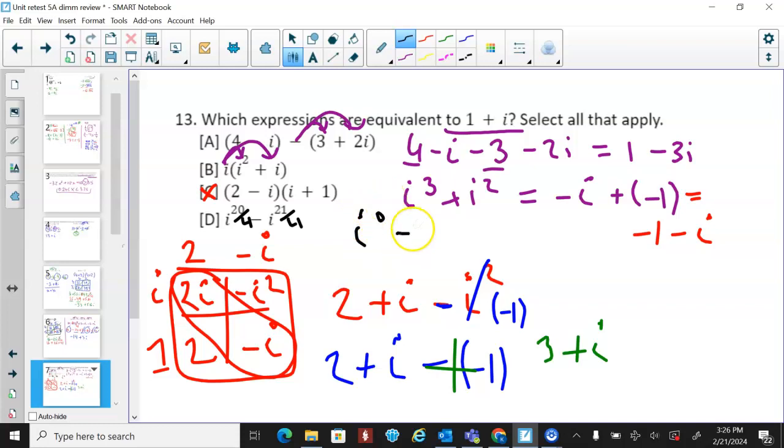Now, when you're dividing 21 by 4, you get 5 and 1/4. So we're going to replace it with i to the first power. Now we also know that i to the 0 power is 1, and i to the first power is itself, which is i. Okay, it also does not match. So there's no right answer for this question for some reason.